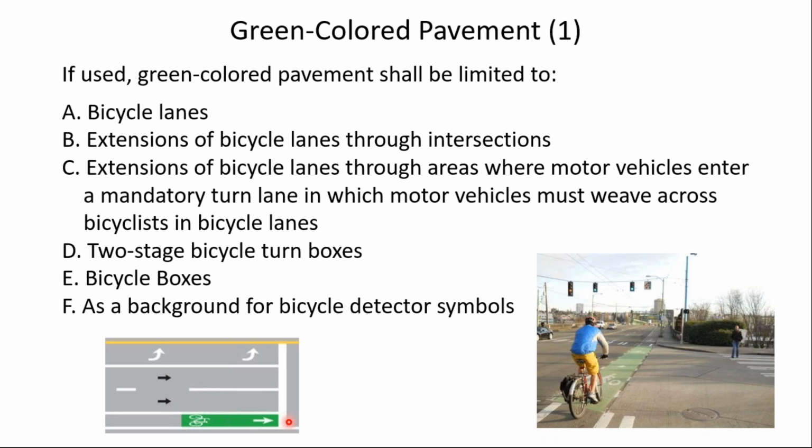So hopefully they'll be less likely, for example, to cheat and move toward the curb there. But that's correct. The entire bike facility does not need to be green, just areas where you want to highlight maybe potential conflicts or crossing or weaving areas.